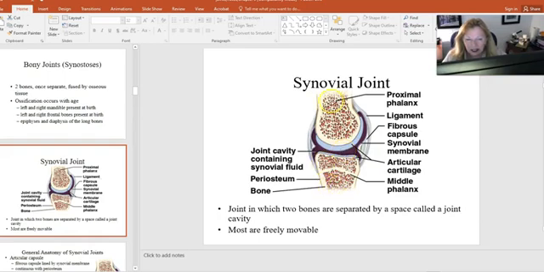So this is what all synovial joints have in common, and there is this cavity that is filled with synovial fluid, lubricating and keeping the joint healthy. The pads are keeping the two bones from actually touching each other.